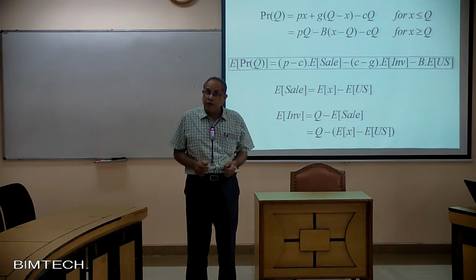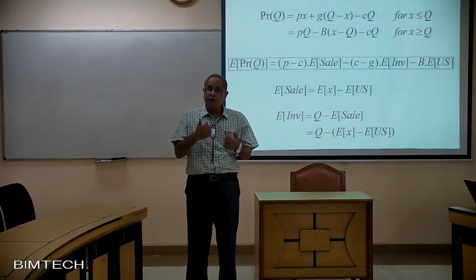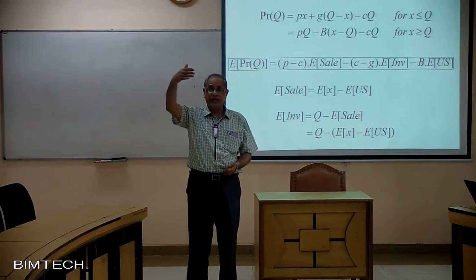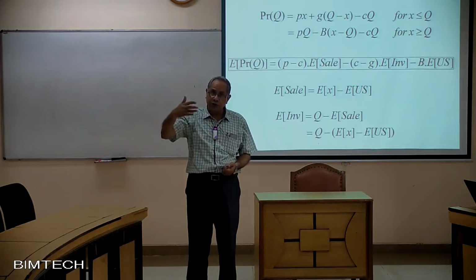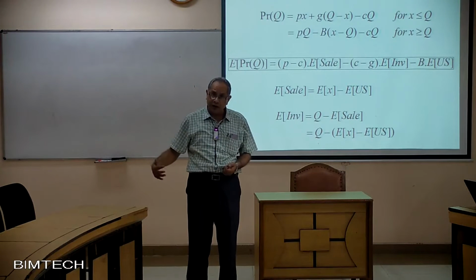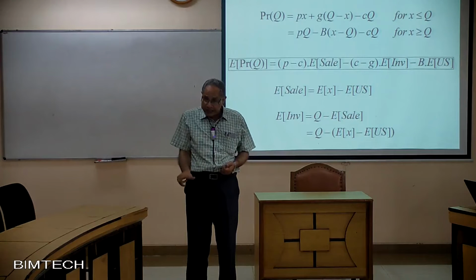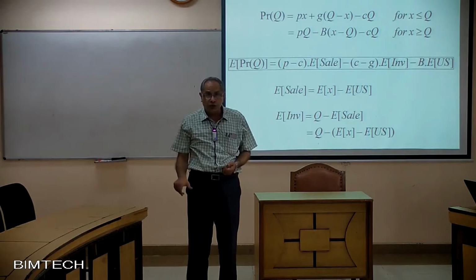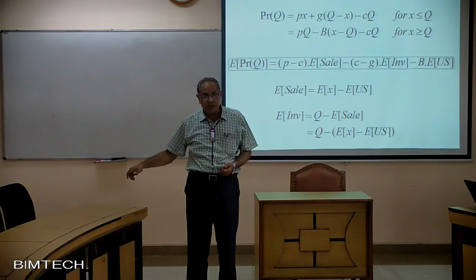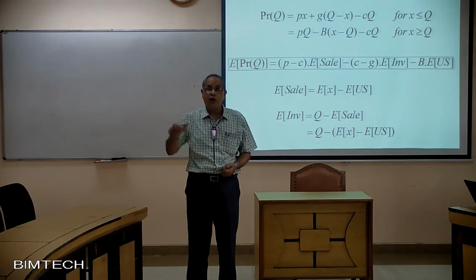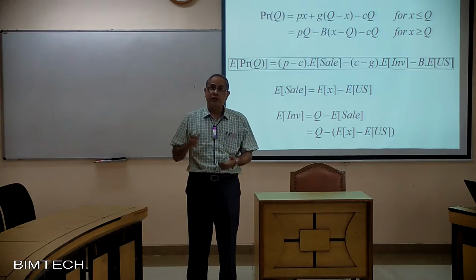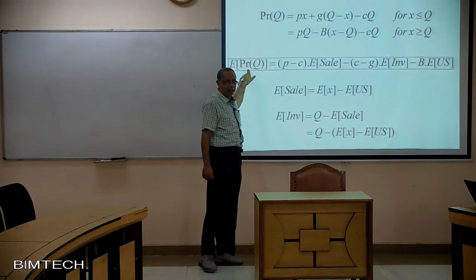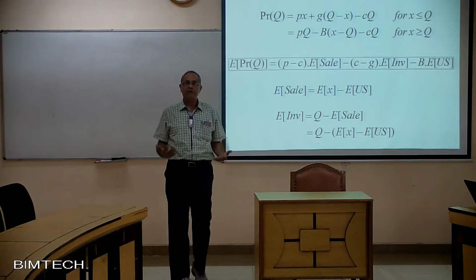Now this expected profit, let me point out here, you remember our numerical method where we used Excel for calculating our profit figures for various values of demand for a particular Q? And then at the bottom, we took the sum product of these profit values and the probabilities to get the expected profit for that particular Q. Now, this is what we are talking about in a more analytical framework.